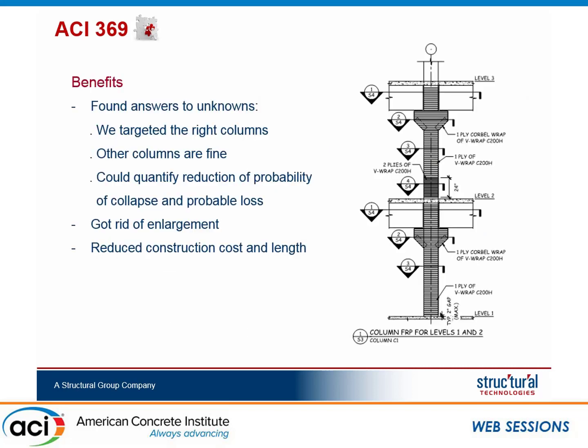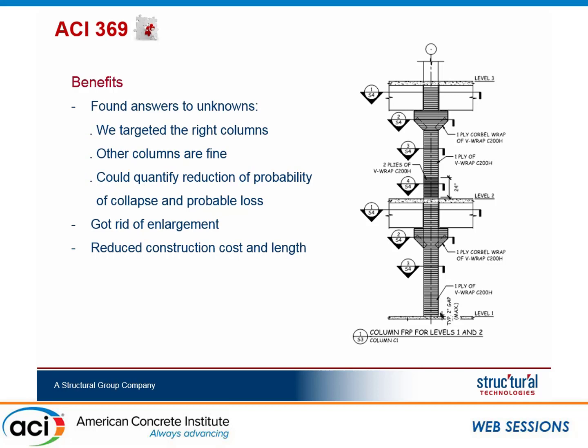In the end, we found some columns that were left out of the original design because they had put FRP only in the areas where they expected mechanisms. We found some of them needed FRP. We could show that they didn't need the concrete jacketing, and we could wrap the FRP around the square columns and get the performance that is needed.